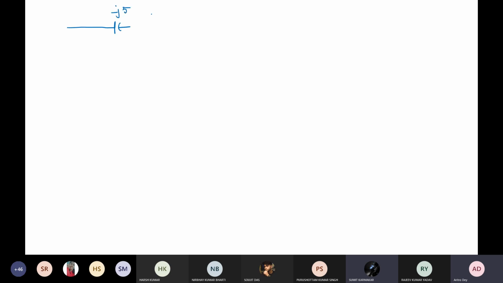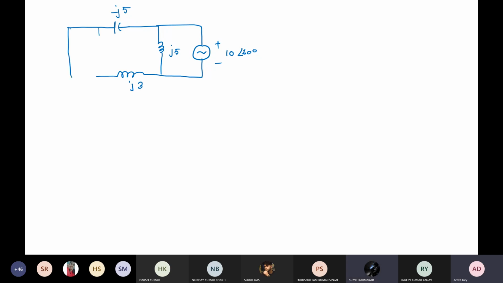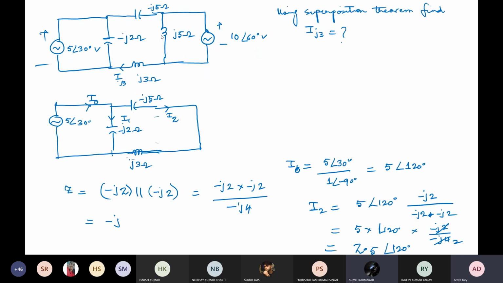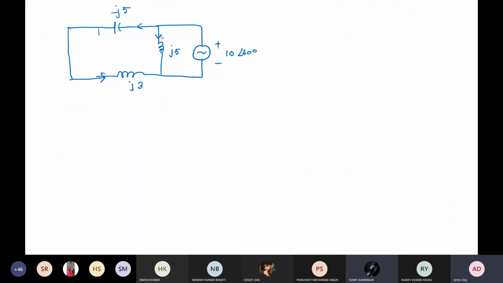Minus j5, this is your j5, this is your source which is of polarity like this, 10 angle 60, then this is your j3, and then this 2 ohm will be ignored because we'll short it by its internal resistance. So once you have this, your current will be flowing like this. So it is the other way around, isn't it? There it was flowing towards this way. So these two we have to subtract anyway.